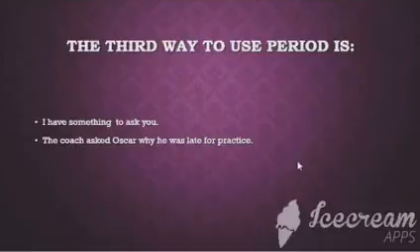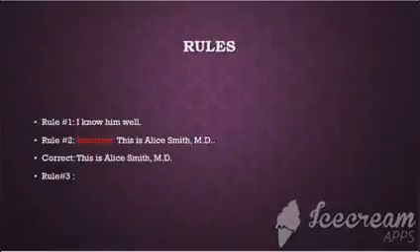It is really interesting because we need to keep in mind that with a direct question we had a question mark, and with an indirect question we had a period at the end of the sentence. We can see that periods are used to finish sentences and paragraphs. Okay. Here are the rules that you need to keep in mind if you want to learn very well how to use the period.